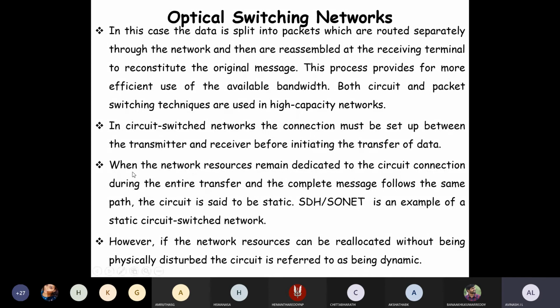The network resources remain dedicated to the circuit connection during the entire transfer, and the complete message follows the same path. The circuit is said to be static, because once the connection is already made, we always say that the circuit is static. That is exactly the meaning.